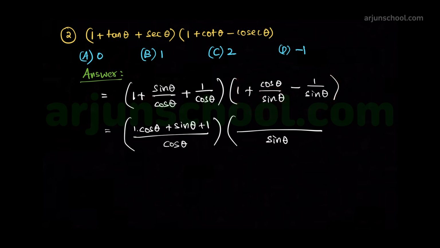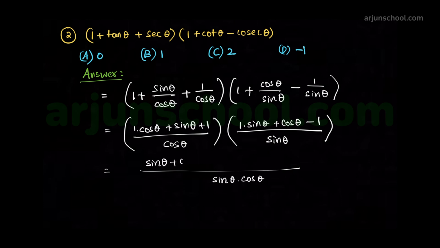In the denominator we have sin theta, and in the numerator 1 times sin theta plus cos theta minus 1. In the denominator we get sin theta times cos theta, and in the numerator we get sin theta plus cos theta plus 1 times sin theta plus cos theta minus 1.